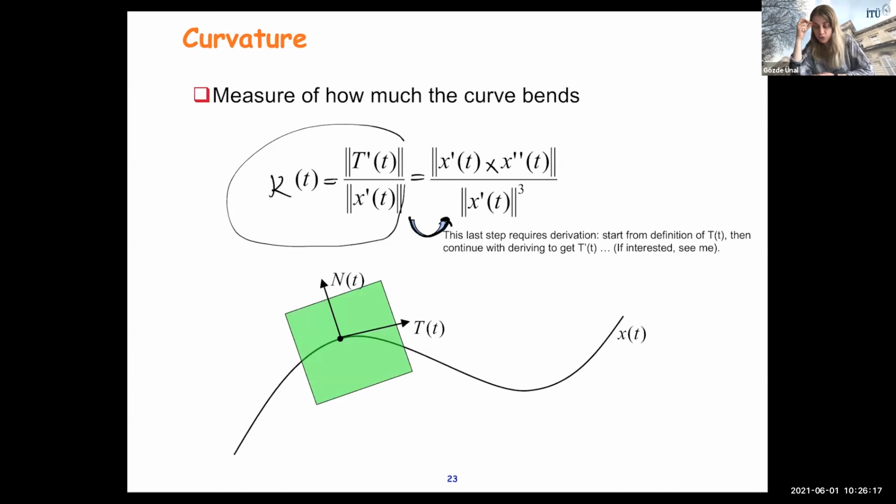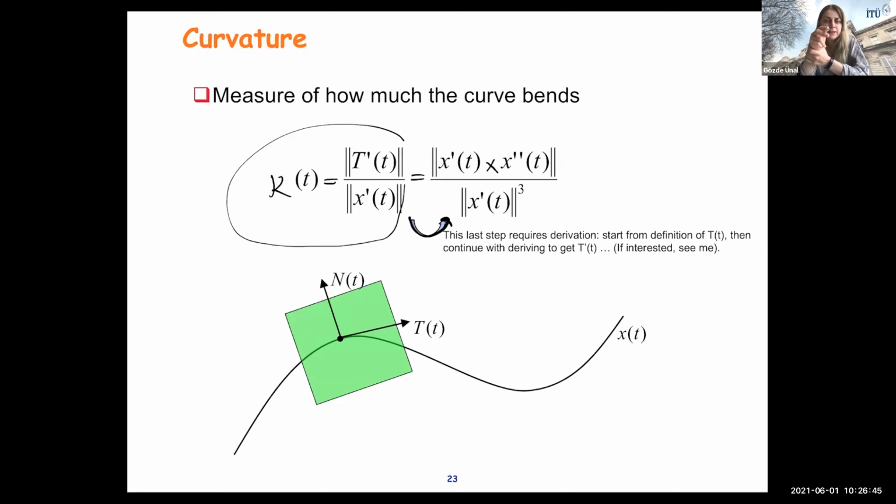Start from the definition of t, and continue deriving to get t prime of t. The point of this is, if you had x of t defined, you can have a closed form formula. If you have a parameterized curve, you can calculate x prime of t, x double prime of t, and of course these cross products and magnitudes.